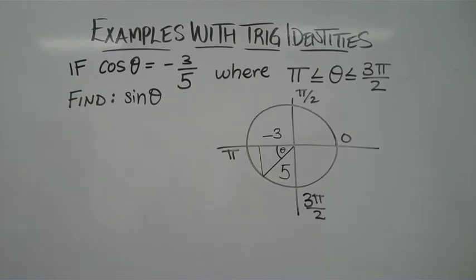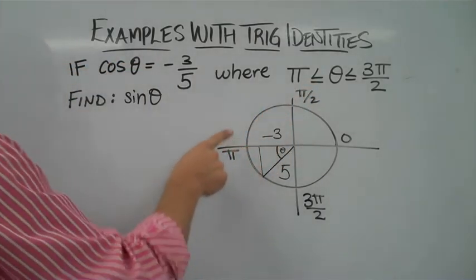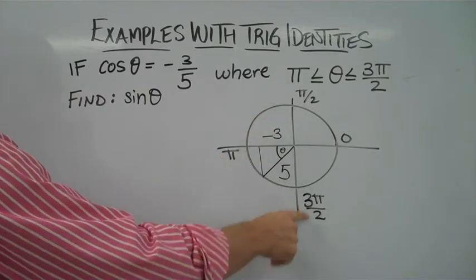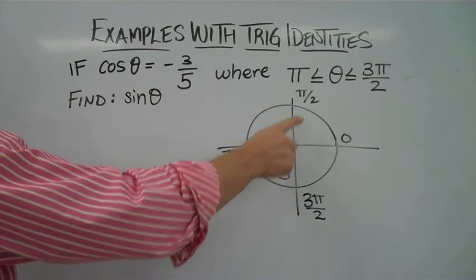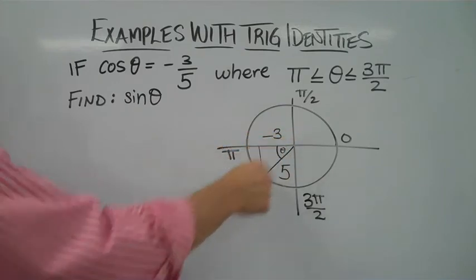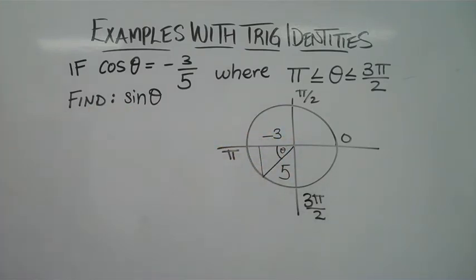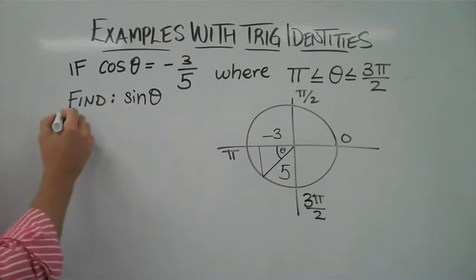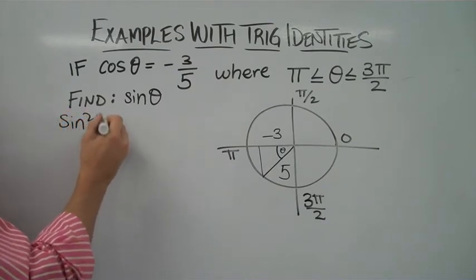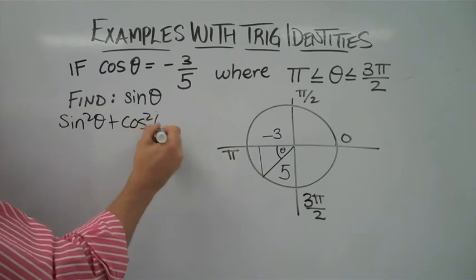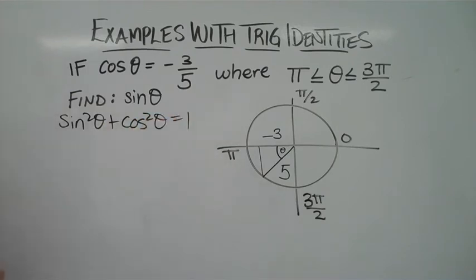Let's do some examples with trig identities. If cosine equals negative 3 over 5 in the third quadrant, where theta is between pi and 3 pi over 2, well, there's my theta. And my cosine is adjacent over hypotenuse, so I know to put a negative 3 over 5 there. Find sine of theta. Well, I know I can relate these two by sine squared theta plus cosine squared theta equals 1. There's the king of all of my identities.